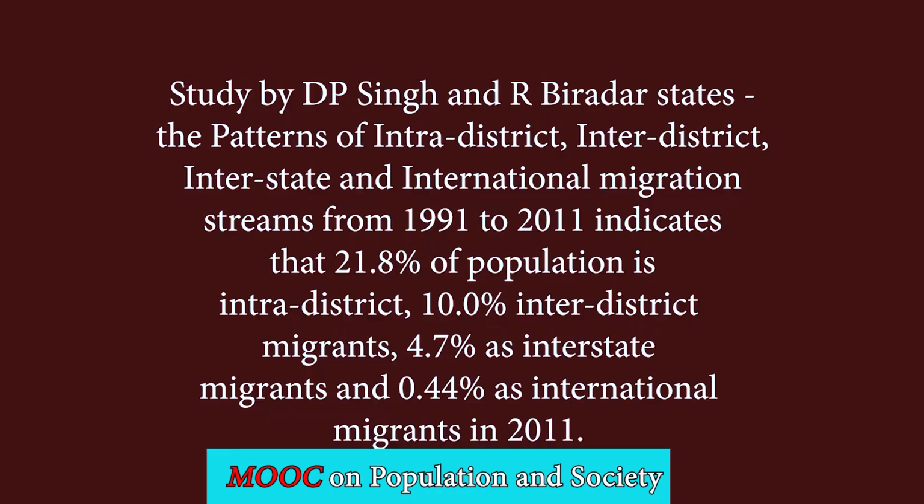another village. Again, in another study by D.P. Singh and R. Biradar, the patterns of intra-district, inter-district, interstate and international migration streams from 1991 to 2011 indicate that 21.8% of the population is intra-district, 10.0% inter-district migrants, 4.7% interstate migrants, and 0.44% international migrants as per 2011.